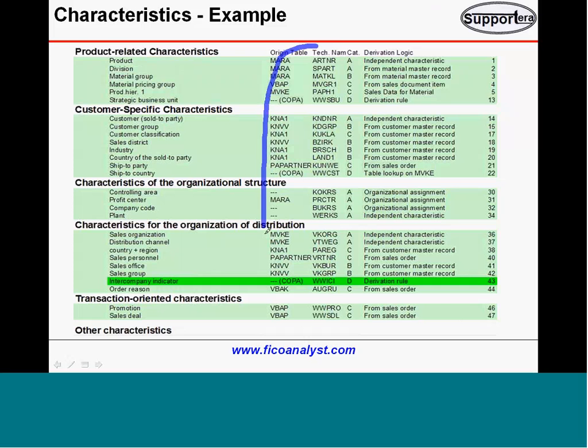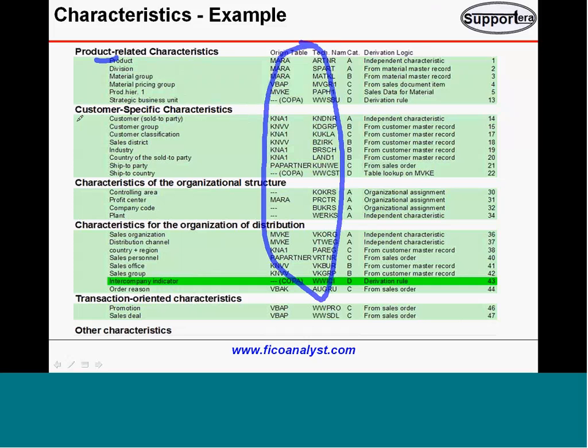Right now, try to understand what your analysis perspective can be. For example, you can analyze by products, divisions, material groups, material pricing groups, product hierarchy, and strategic business units, SBUs, right? And then when you talk of customer related characteristics, what do you want to analyze?